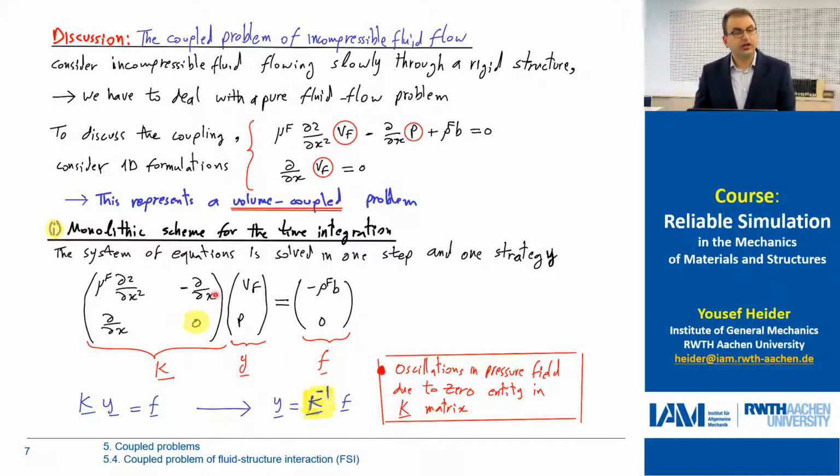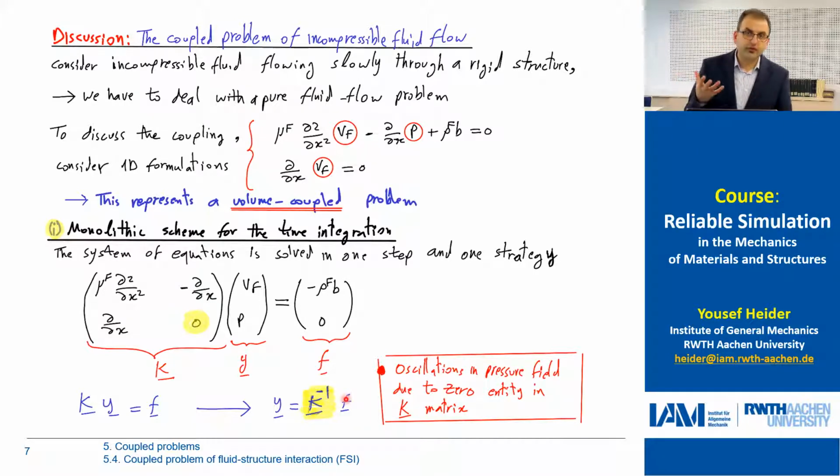It's clear that our stiffness matrix has a 0 on the diagonal, which makes the solution of this problem complicated, because at some point we need to find the inverse of this stiffness matrix.